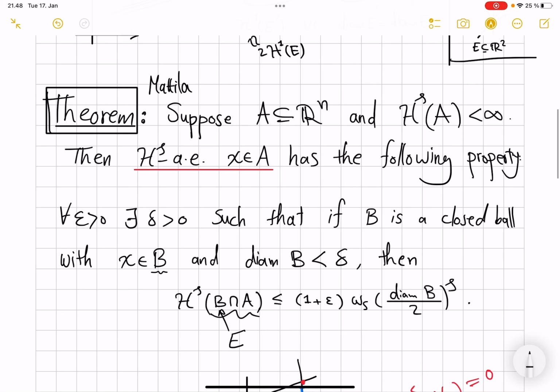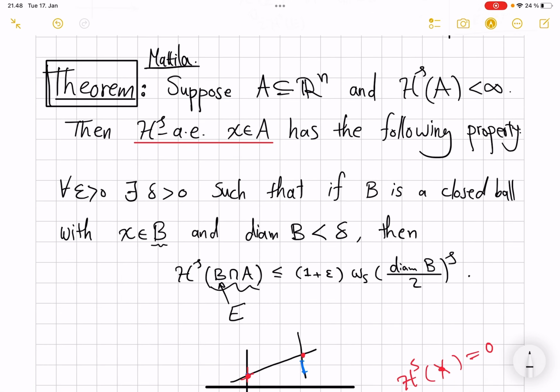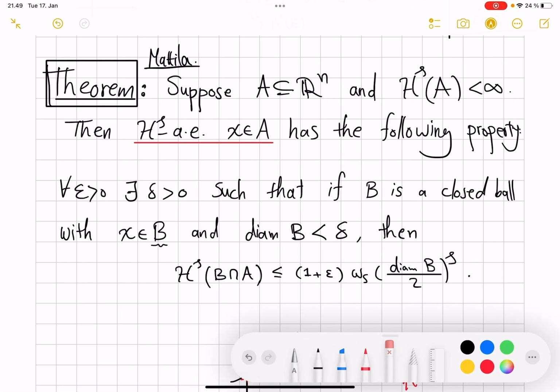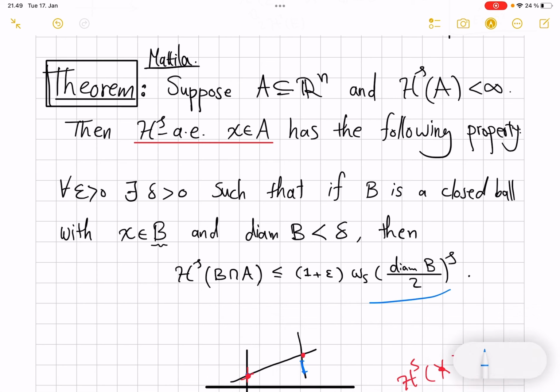Maybe a final remark will be that its proof is based on a density type argument. So we've been talking about density of sets. You define a variant of that density, which is literally putting this in the denominator of this, and then taking the worst case.